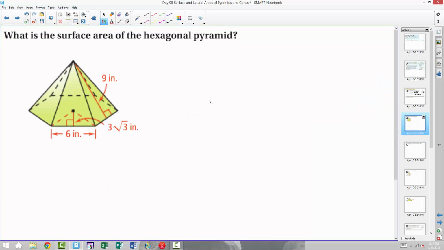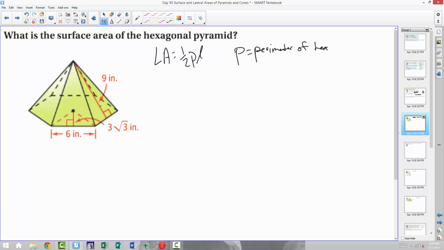Let's do this. What's the surface area of the hexagonal pyramid? Lateral area equals half PL, where P is the perimeter of the hexagon.